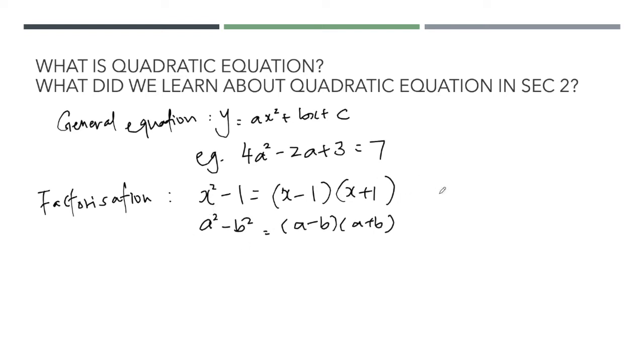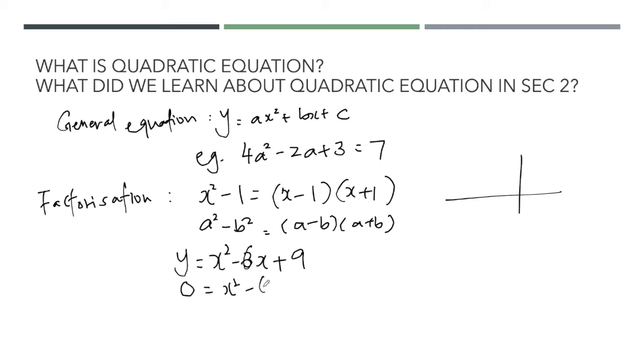The other way would be your cross method, or the table, depending on what you learn in school. For my own students, I taught them this table here. Suppose y is equal to 0, so your equation will be this. When you factorize, you will put your x squared here, negative 6x, and 9.